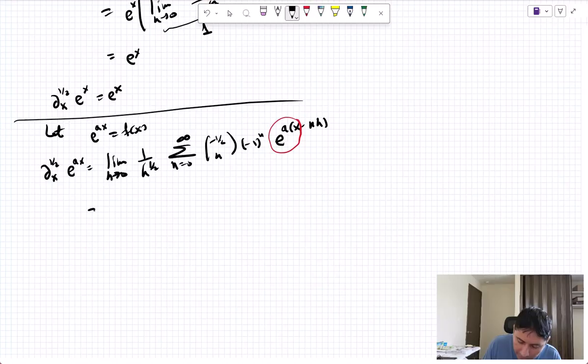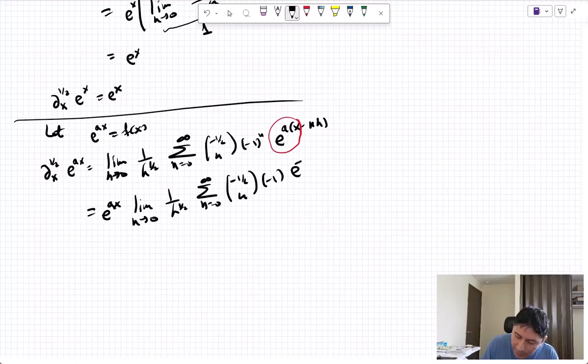So if we do that, then we get e^(ax), and then the limit as h goes to 0, 1 over h to the 1/2, the sum n equals 0 to infinity, and in this case binomial(1/2, n), (-1)^n, e^(-ah). Now this term right here is the same thing as (e^(-ah)) to the n, right?